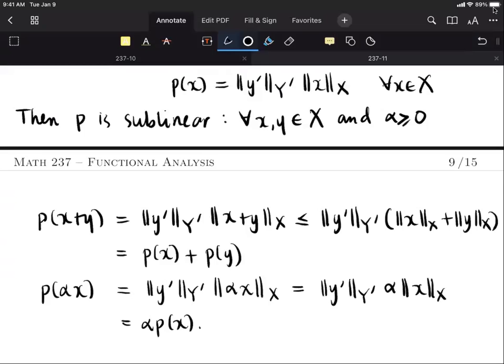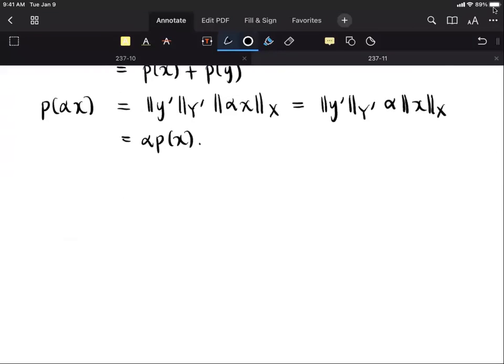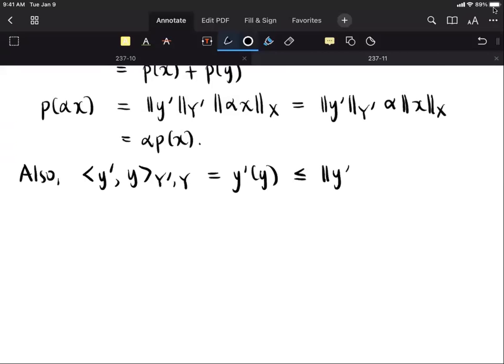And take note that also the duality pairing, well, this is nothing but the value of y with respect to the functional y prime. This is less than or equal to the product of the dual norm and the norm of y.